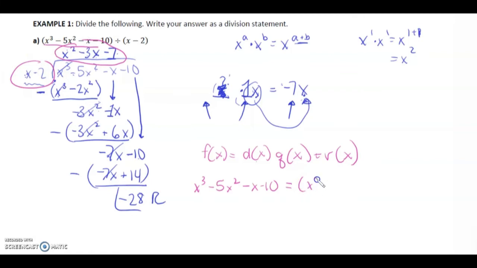So let's go x squared minus 3x minus 7 times x minus 2. And then we're going to add the remainder, which is negative 28. And that's it.